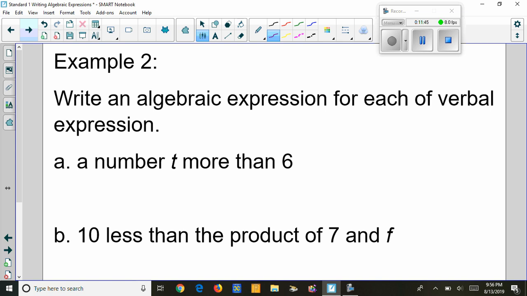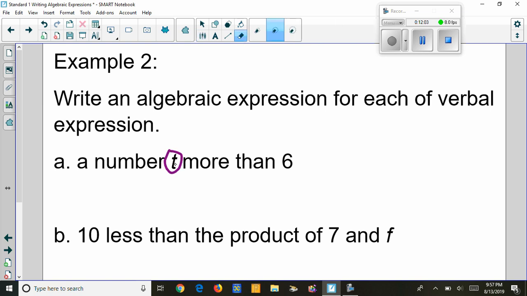I'm going to start with the part where I'm going to circle some information, I'm going to box in some information, just so we can keep track of what is happening. Our first chunk says a number t.